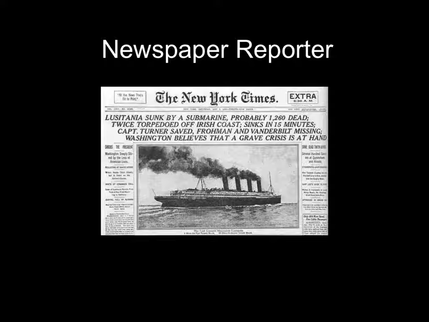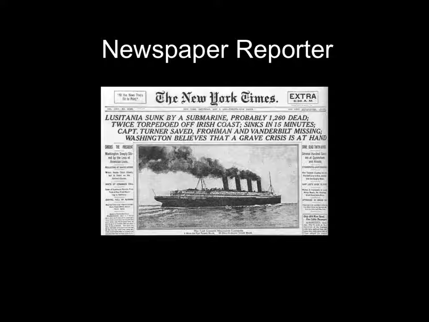Here's the scenario. You are a newspaper reporter for your school newspaper. And this week's topic is underwater exploration. You have decided to write a story that is similar to the one written by the New York Times about the sinking of the Titanic. Your best friend is writing another story about a famous oceanographer and filmmaker by the name of Jacques Cousteau.